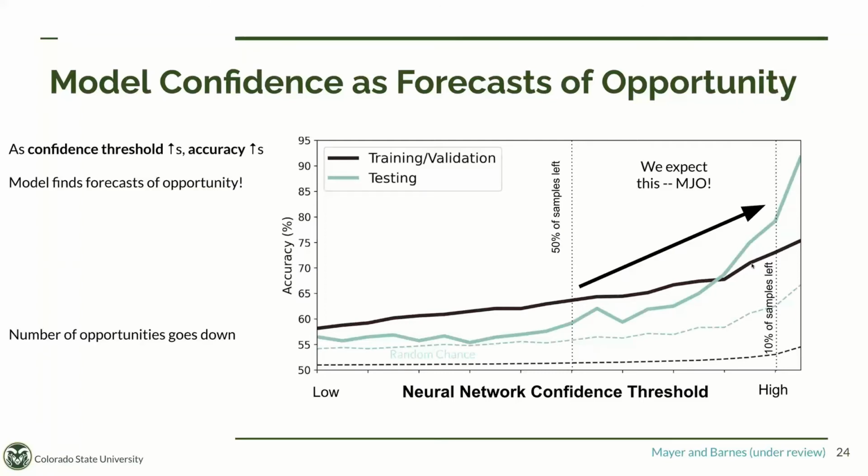And we would expect this. As I said, we have phenomena like the MJO in the tropics, the specific region that we're looking at. And so as confidence thresholds increase, our accuracy is also increasing, which suggests that our model is finding these forecasts of opportunity. But again, this is a trade-off, because as we increase our network confidence threshold, we're also losing samples that we can use.